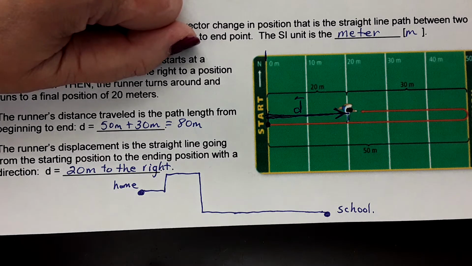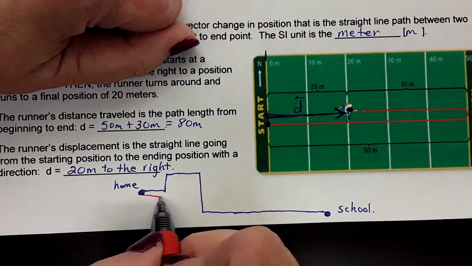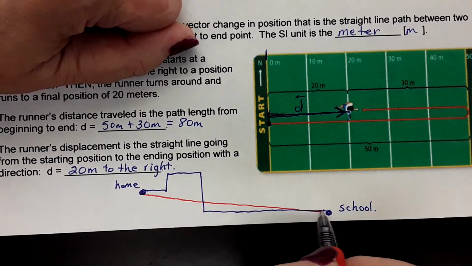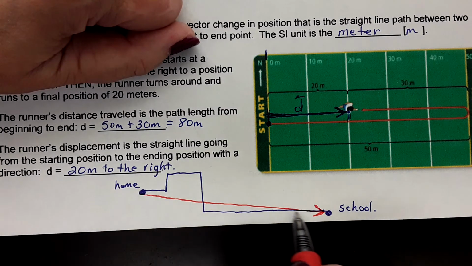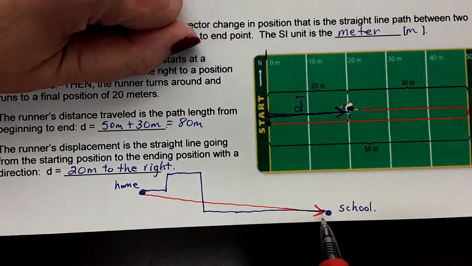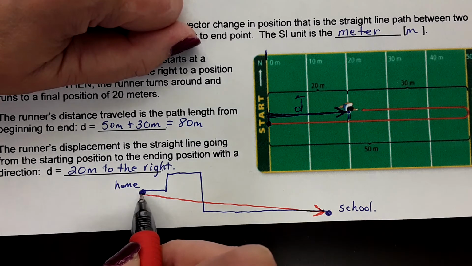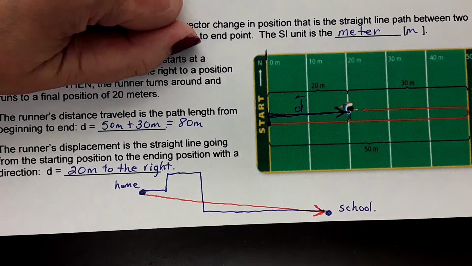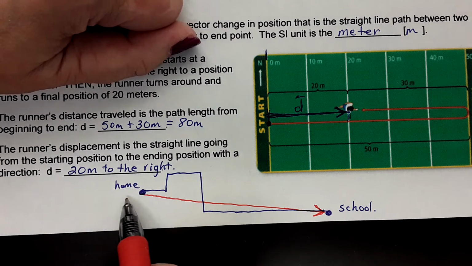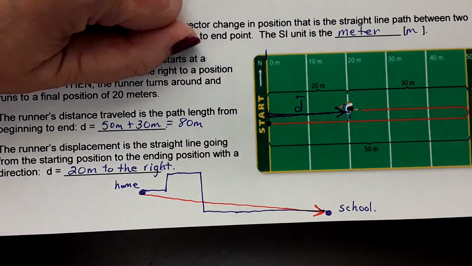Your displacement, however, looks like this. Your displacement is the straight line path, even though you're not actually following it. Your displacement from where you started is the straight line path between those 2 points, regardless of what path you actually followed.